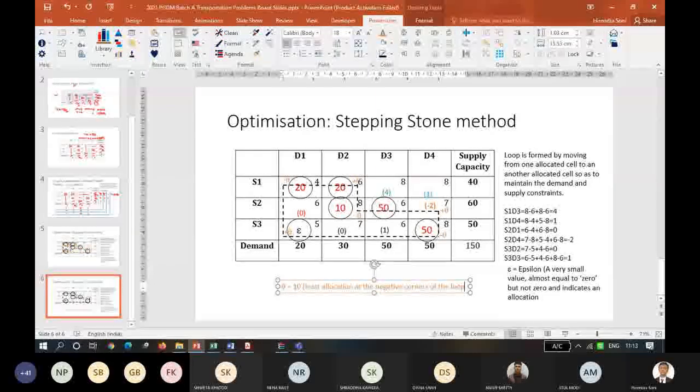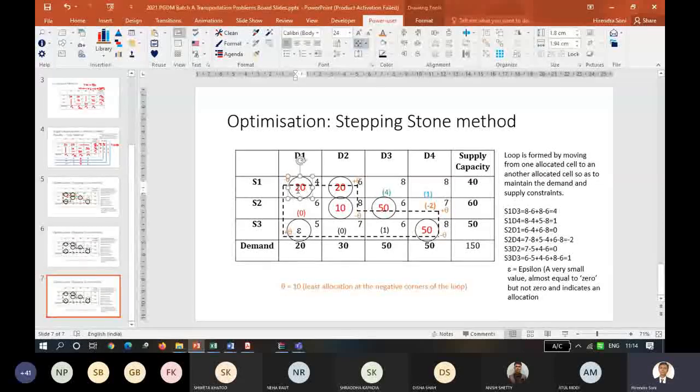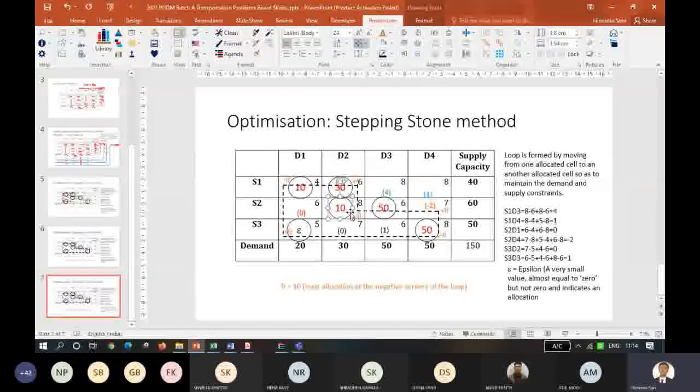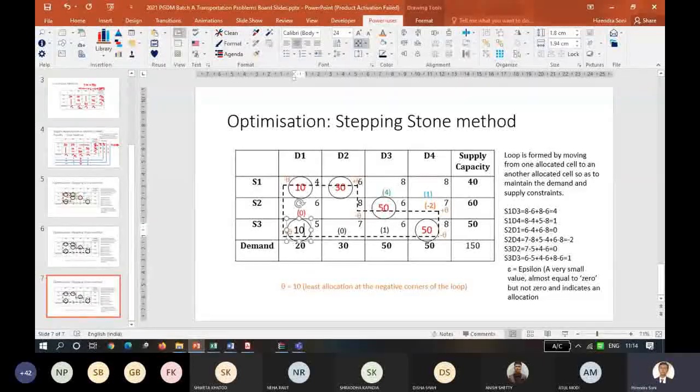Yes, sir. Okay. So as I keep on changing it, here there is minus. So 20 minus 10 will become 10. Here it will be added, so 20 plus 10 will become 30. This will become 0, so it is removed. Here it is getting added, so this becomes 10.